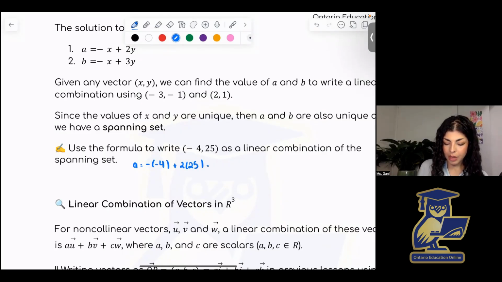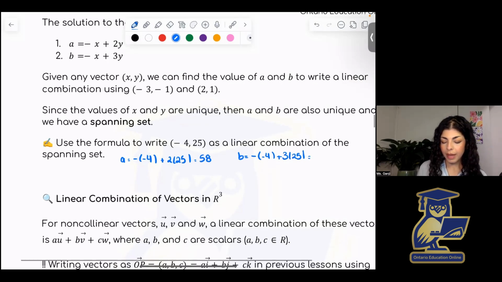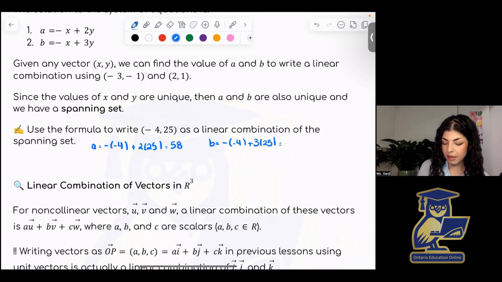So 50 plus 8, 58. And b is, maybe let me write b here. b is going to be -4 plus 3y, y is 25. So here we have 75 plus 8, we have 83.